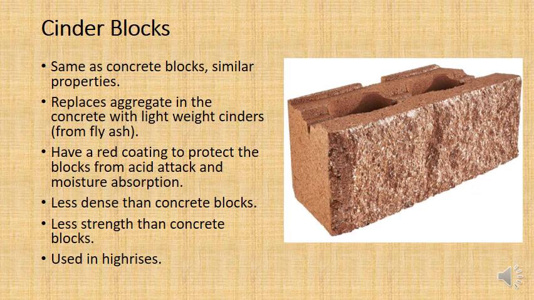You also have to realize that concrete gets its strength from the aggregate. So aggregate is stronger than the cement in concrete. So however strong the cement is, that's how strong the concrete will be. However, with a cinder block, the cinders are actually weaker than the cement. So the cinders are basically just fillers.